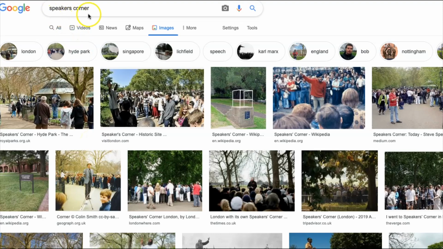So Speaker's Corner is the most famous part of Hyde Park. It is, as you can see here, a historic site in which people have been allowed to say whatever they wanted. Now, in Stevenson's time, you couldn't just say whatever you wanted because of social rules and social morality.